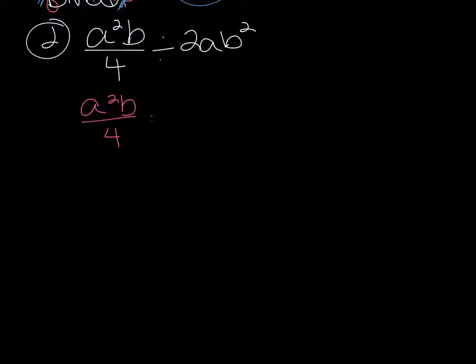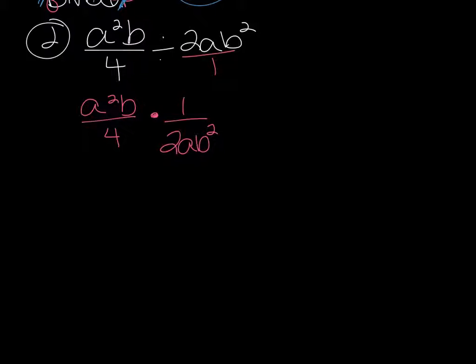I'm going to change the division to multiplication, so I'm supposed to flip that second fraction, but it's not even a fraction. But it's over 1, right? Or we can think about it this way: what's the reciprocal of 2ab squared? 1 over 2ab squared, right? You can either write it over 1 and then flip the fraction, or think of it as a reciprocal.